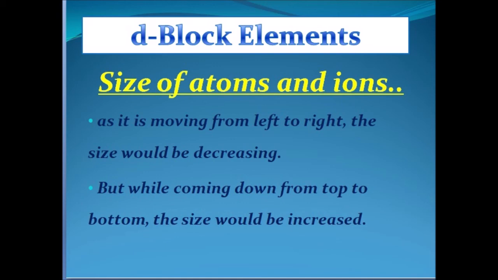Therefore, no electron can escape from the effective nuclear charge. Suppose the ninth electron is coming, then that ninth electron is powerfully attracted by the increased nuclear charge, that is, the increased protons. Therefore, the size of the ion or atom of the D block elements decreases rather than increases.